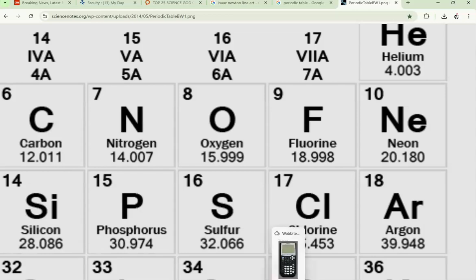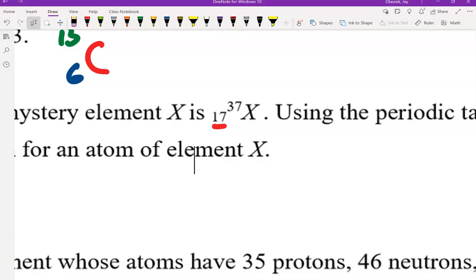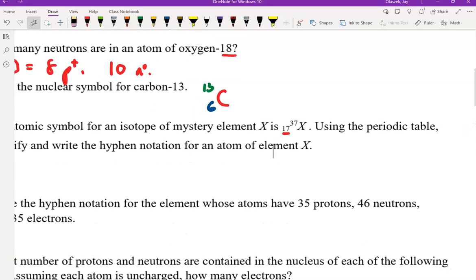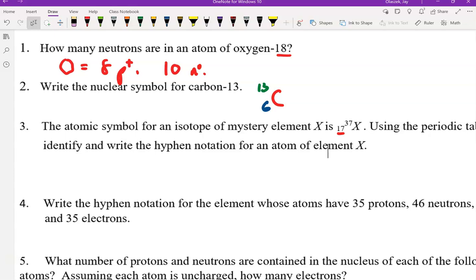And so what this is asking is to identify this element and write its hyphen notation. Well, it has 17 protons, and that makes it chlorine. And according to this particular specimen, it has an atomic mass of 37. So we'll indicate it here in hyphen notation.